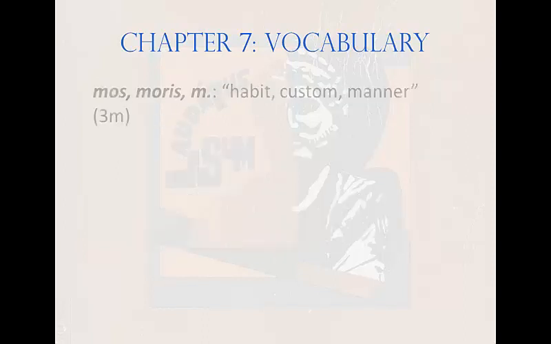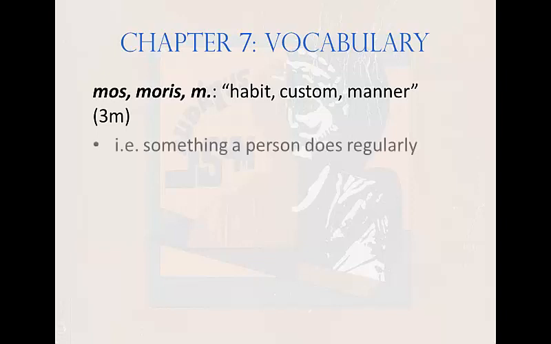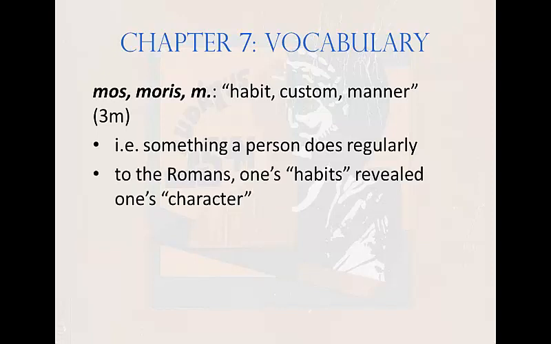Another word that gives insight into the nature of Roman psychology is mos, moris, masculine, meaning habit, custom, or manner. It's a third declension masculine noun. What a mos is at heart is something that a person does regularly. In other words, a habit. To a Roman, if you added up a person's habits, you got his character.